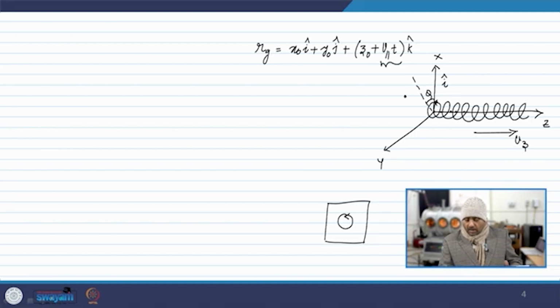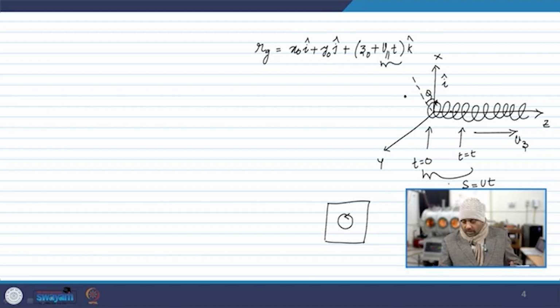How far has it deviated away from z0? The distance is the initial distance plus the amount of distance that the particle travelled as a result of the velocity. At this point, take t equal to t, and at this point take t equal to 0. So, the distance travelled between these 2 points, s is equal to ut or vt, whatever.